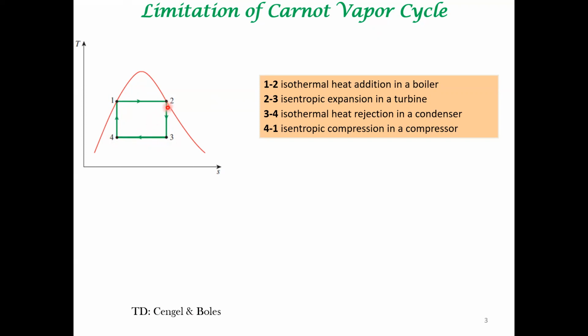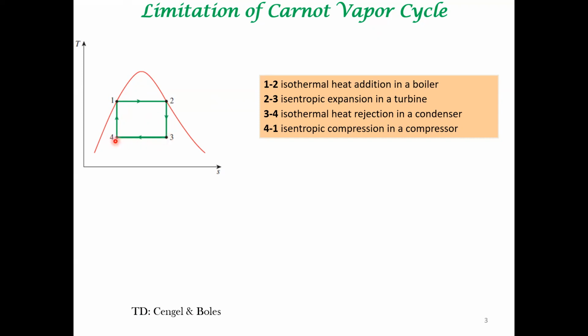However, when you come to 2 to 3, isentropic expansion in a turbine, you end up with a two-phase mixture. So sometimes the quality of the steam is low, that is, there is a lot of moisture present in this two-phase mixture that affects the turbine. There is corrosion of the turbine and so on. You don't want a lot of moisture there.